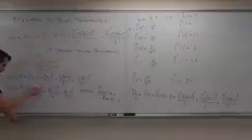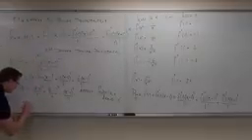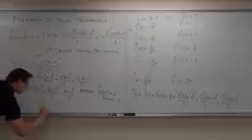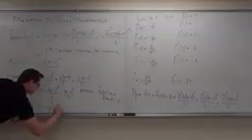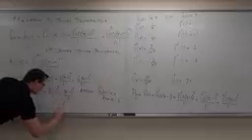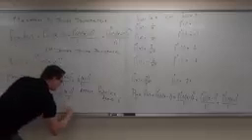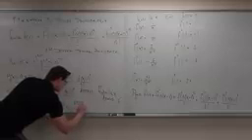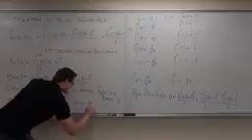What that ends up being is 0.1 minus 0.1 squared over 2 plus 0.1 to the third over 3 minus 0.1 to the fourth over 4. Now this is an approximation for ln of 1.1.